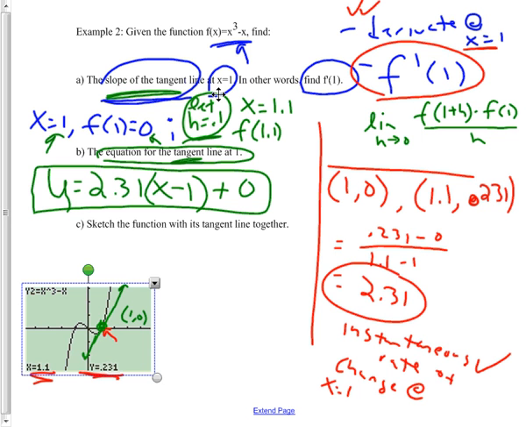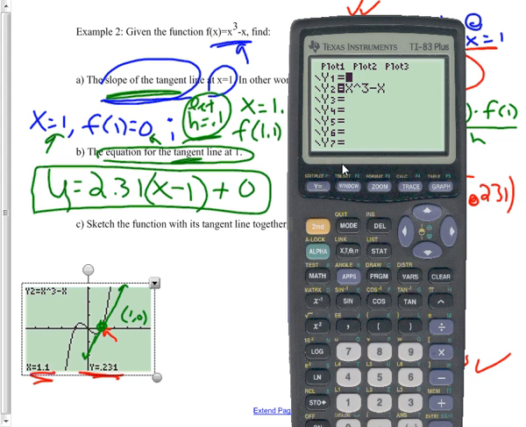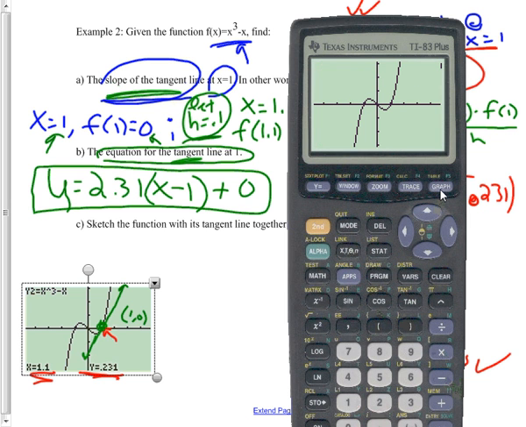So, in other words, if I were to get my graph out and also graph 2.31 times x minus 1, we see that when x equals 1, the tangent line is doing a very good job of approximating the curve.